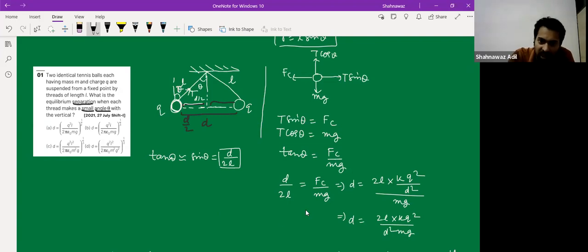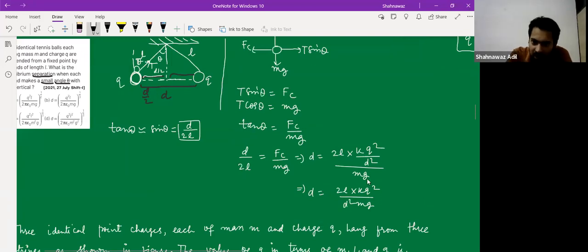So this would be how much? d cubed, which is 2l and by 4 pi epsilon naught, and this is mg, and this is q square. So 2 cancels, and we have d is lq square by 2 pi epsilon naught mg power 1/3.